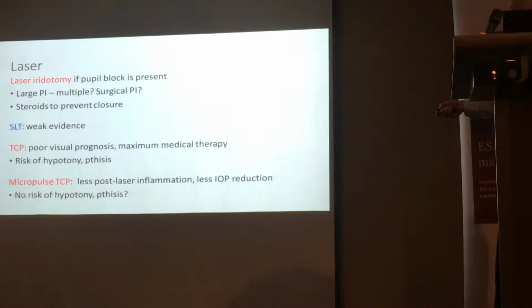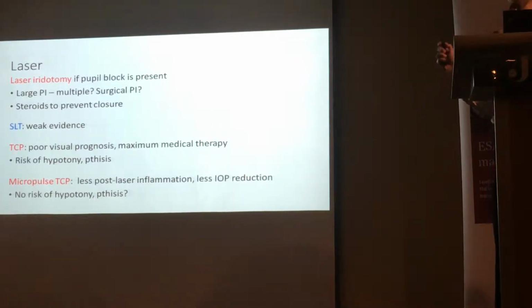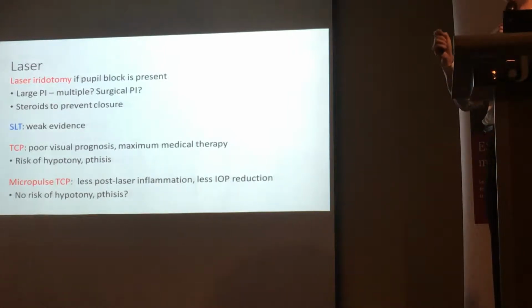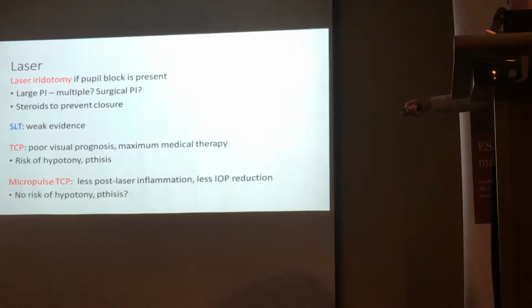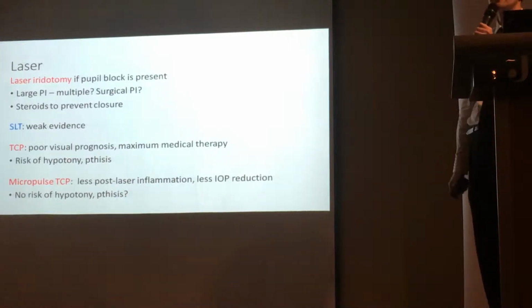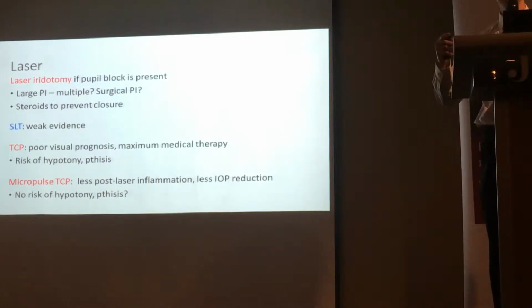TCP, transscleral cyclophotocoagulation, is generally used for poor prognosis eyes, meaning the eye has very poor vision, maybe hand movements, PL or NPL, and you're really bringing down the eye pressure to prevent a painful blind eye. In the past, we used to reserve it for those who are on maximum medical therapy and yet the pressure is high. There is always a risk of hypotony and phthisis, so we tell the patient you might lose all vision entirely. It is possible.